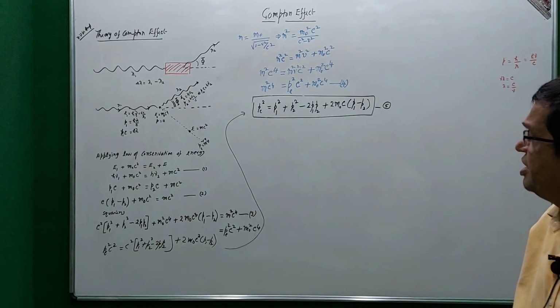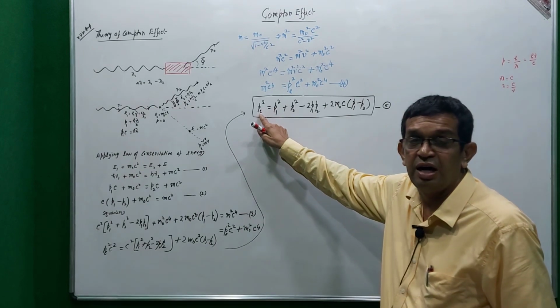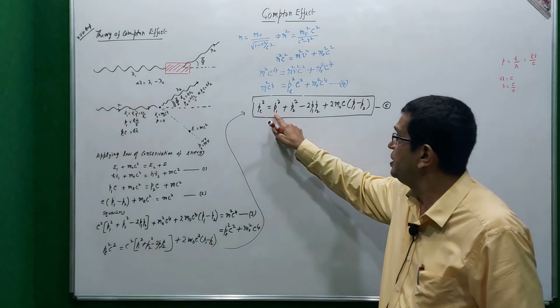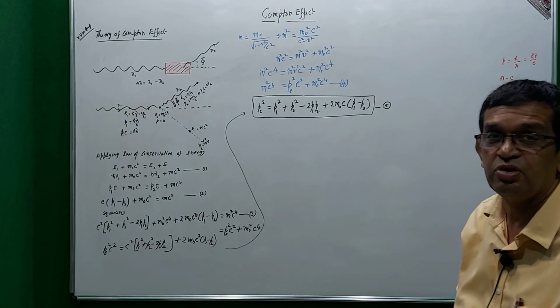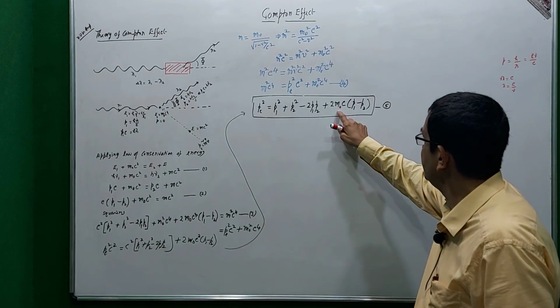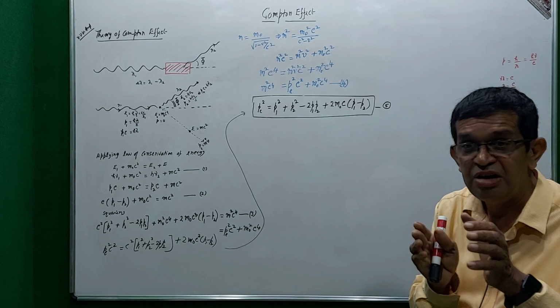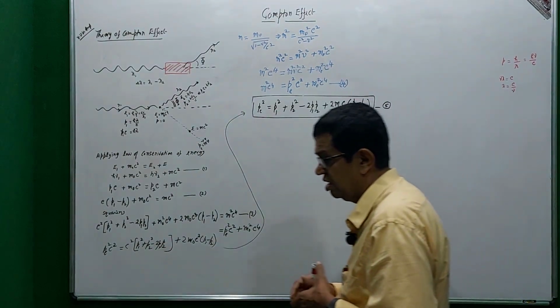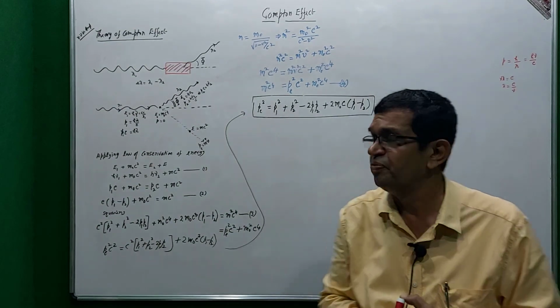Now, what is Pe? The momentum of the recoiled electron. P1, P2 are the momentum of the incident photon and scattered photon respectively. And m naught is the rest mass of the electron. P1 minus P2 is the difference of the momentum of the incident photon and the scattered photon.